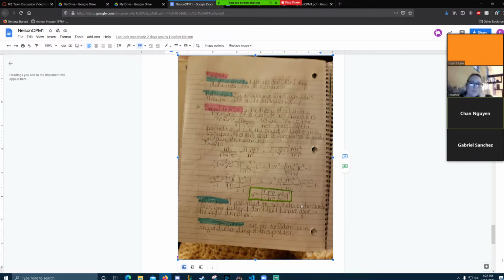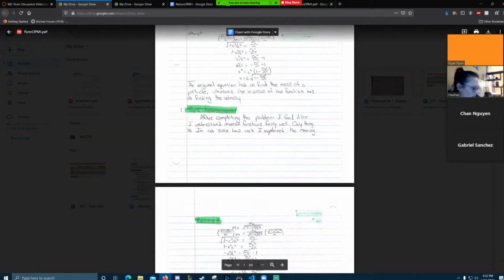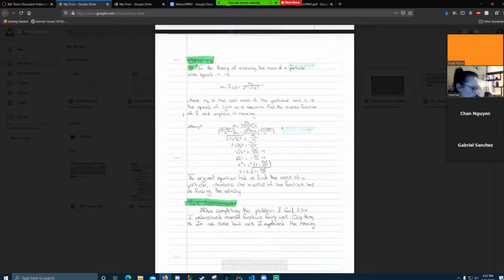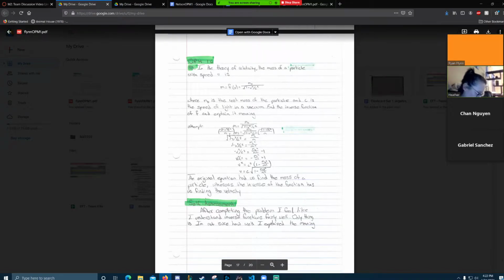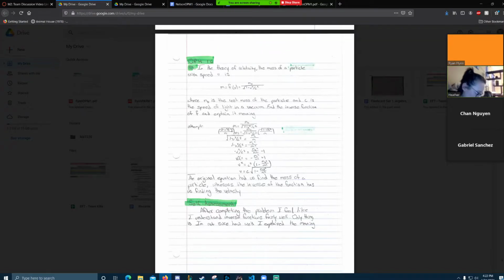So when you multiplied the square root of 1 minus v squared over c squared by both sides, you end up with the original mass alone on the other side, correct? Take the m side, because m equals m-naught over the square root of 1 minus v squared over c squared.